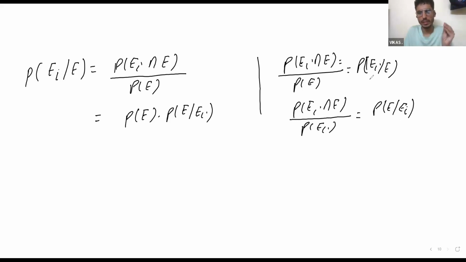These are the product of the two numbers. I am taking one in the first denominator and the second in the second part, so in the upper part I am using this Ei. So Ei intersection E will be equal to probability of E times probability of this, which I have already defined.